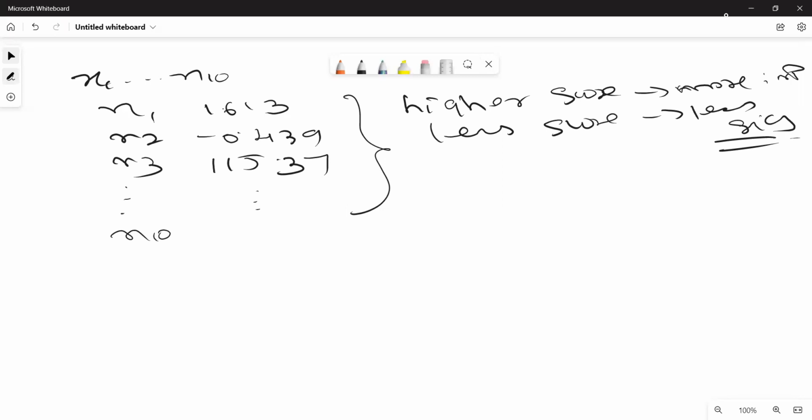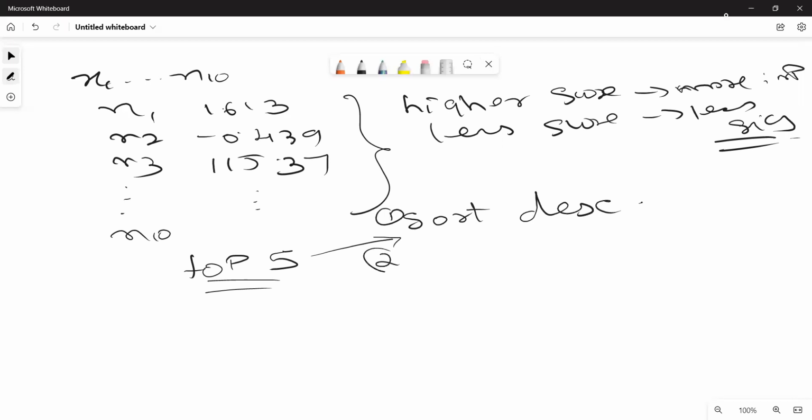So if I have to find out what are my top 5 features, if I have 10 features and I want to find the top 5, how do you find those top 5 features? You sort the data in the descending order and then take the top 5.